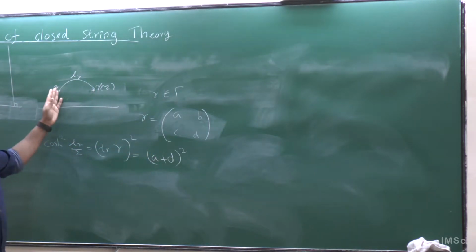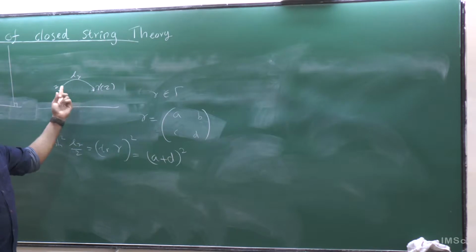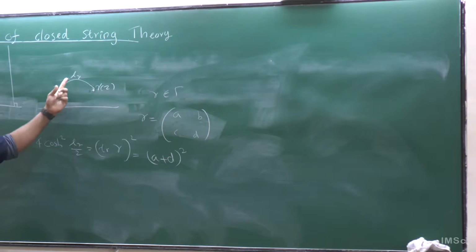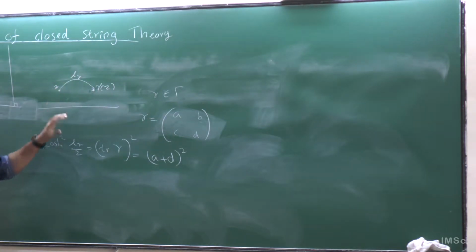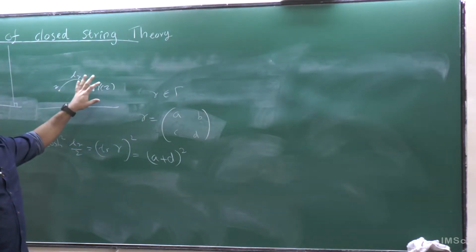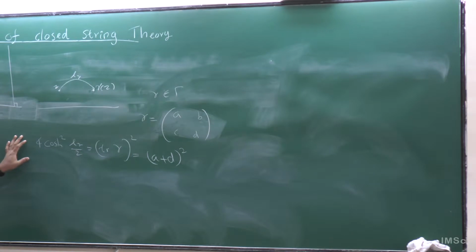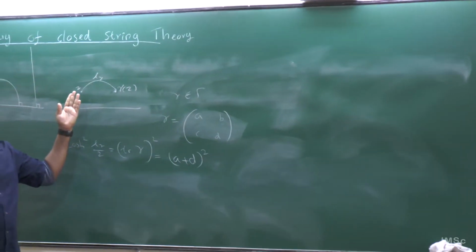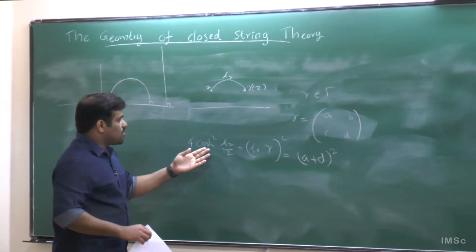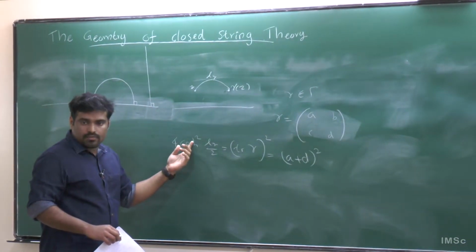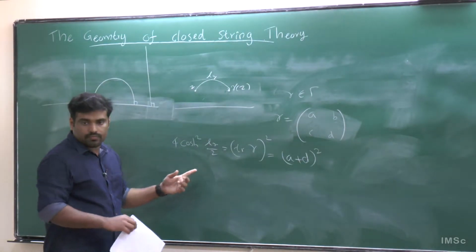So you have a point C and then map it to a point gamma C and then find the minimum length geodesic that connects these two. Say the length of that geodesic is L gamma. Now you can find a relation between L gamma and the trace of the transformation gamma. So this is precisely that relation. So you can relate a transformation gamma with a geodesic on the upper half plane.